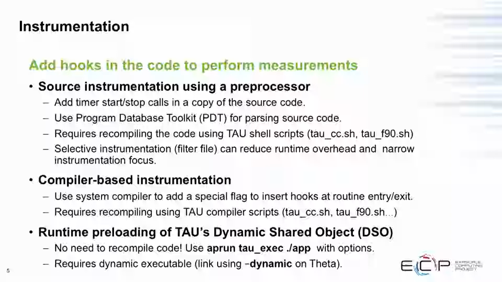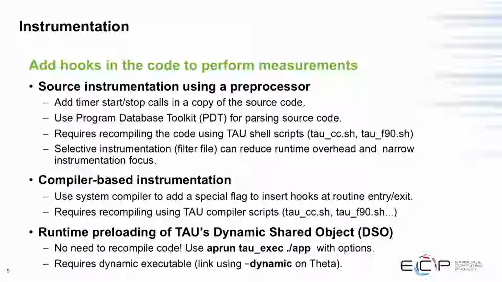We can also use compiler-based instrumentation to add hooks. Again, we use compiler scripts instead of the original compiler to add these hooks. We can also use runtime preloading, which allows you to transparently insert hooks into a dynamic executable.